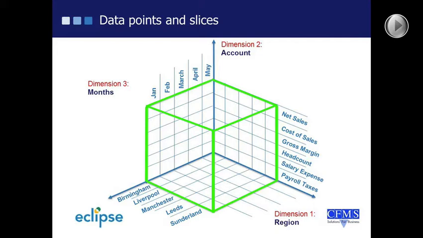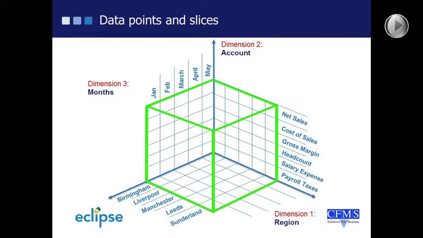Just think in terms of the intersections. In this cube, all our intersections are defined by 3 elements. In the new cube, all our intersections will be defined by 4 elements, 1 from each of our dimensions. So where we have gross margin Manchester May in this cube, in our new cube we may well have gross margin Manchester May budget, or gross margin Manchester May actual, or gross margin Manchester May June's forecast. Yeah. Add a 5th dimension, and I'm not going to go past 5 or we'll be here all day. Let's say we want to add a year dimension so we can look backwards and forwards.